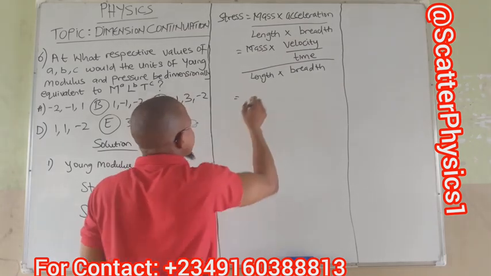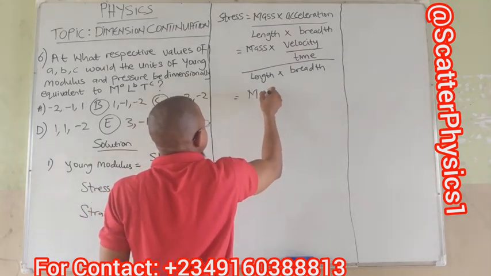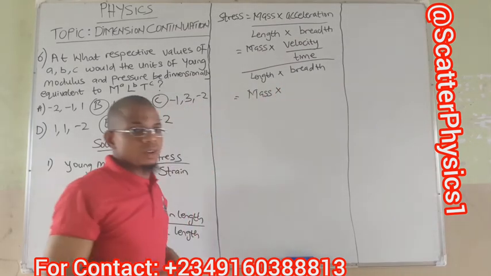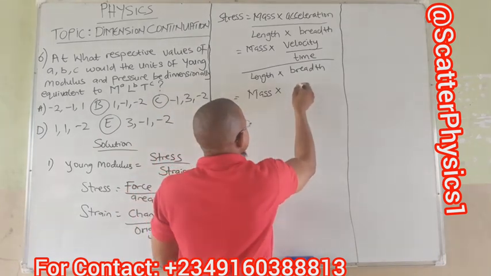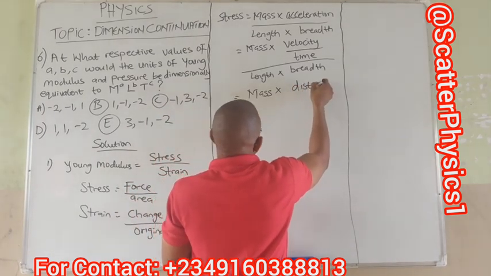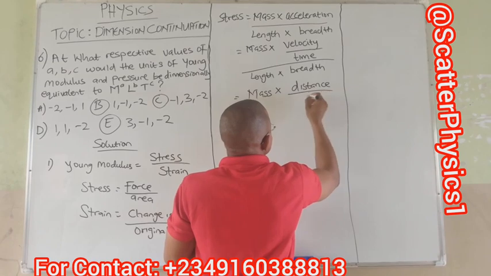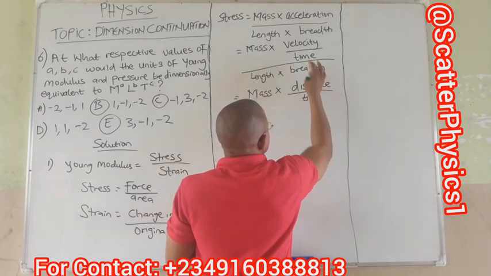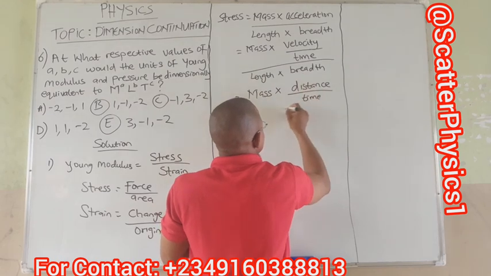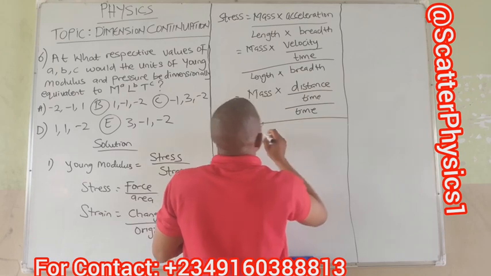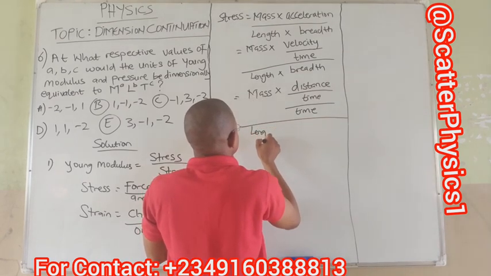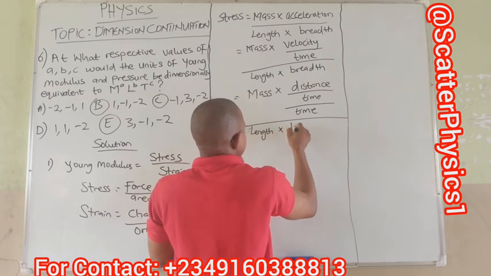Equals, again, mass times, the formula for velocity is distance over time, over time, all over length times breadth.